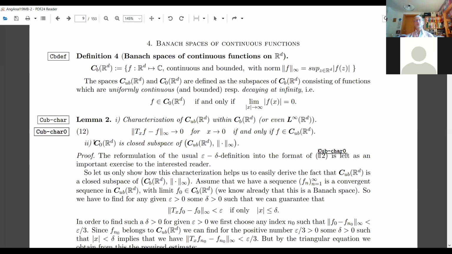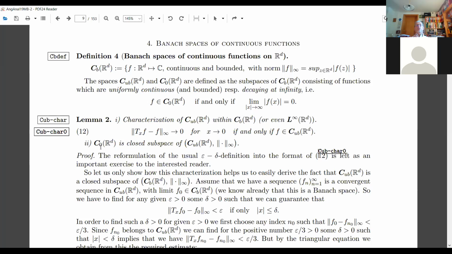This is, for us, the most important space. Each of them is sitting inside the uniformly bounded continuous functions, and limits of uniformly bounded continuous functions are uniformly bounded and continuous, and they are sitting inside all of the bounded continuous functions. And clearly, there are strict inclusions.